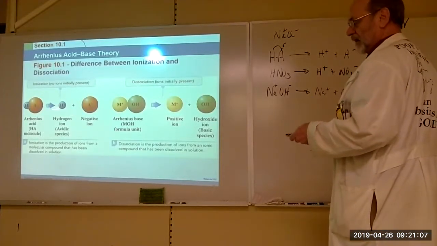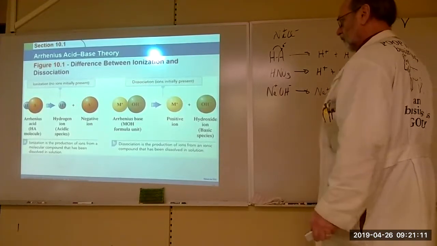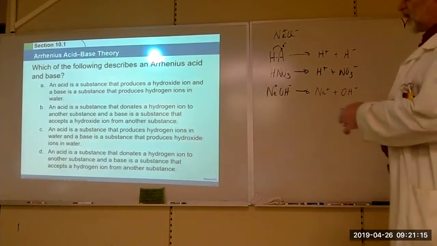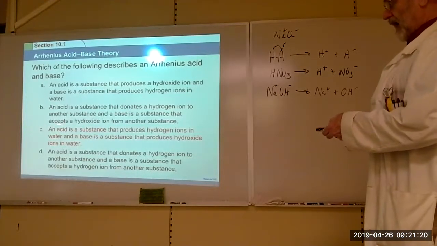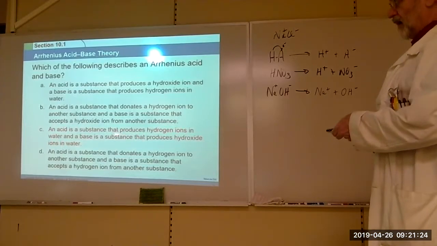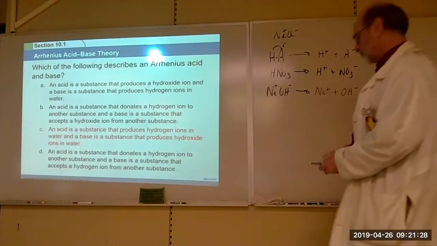It just illustrates what I showed you here. Okay, so which of the following describes an Arrhenius acid and base? Well, the acid has a proton in it that ionizes, and a base has a hydroxide in it that dissociates.